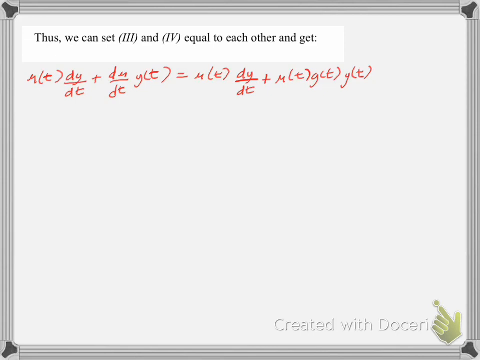Okay, and now from here, thus, what can we do? Well, we can cancel, right? These two cancel. And so we're left with d mu over dt times y of t equals mu of t g of t y of t.